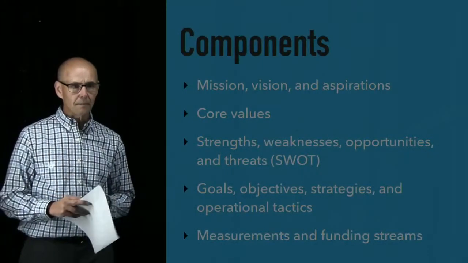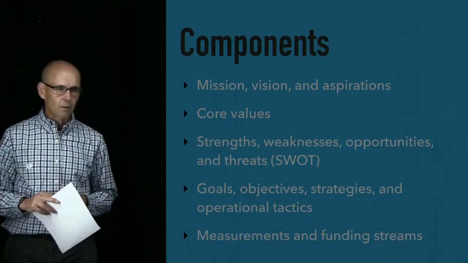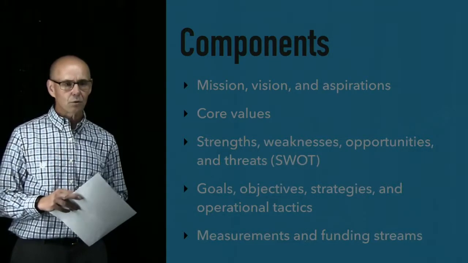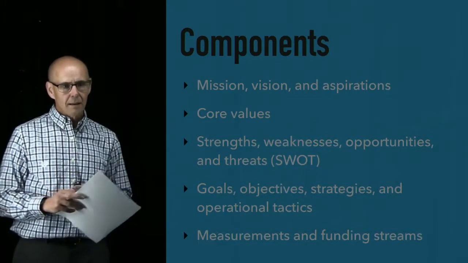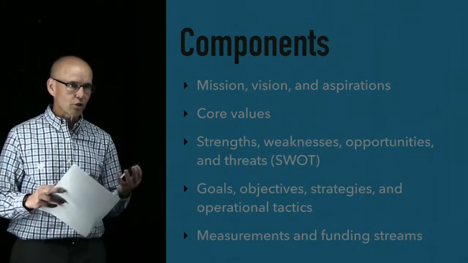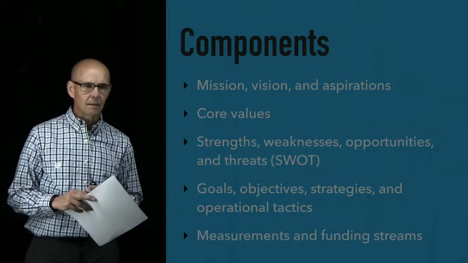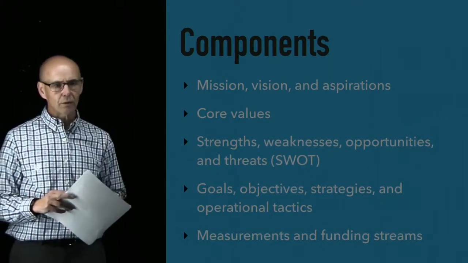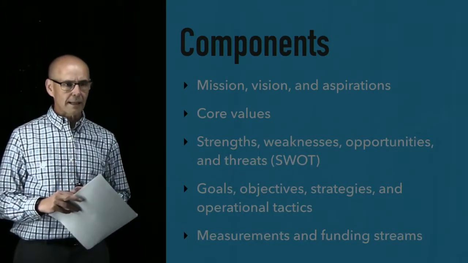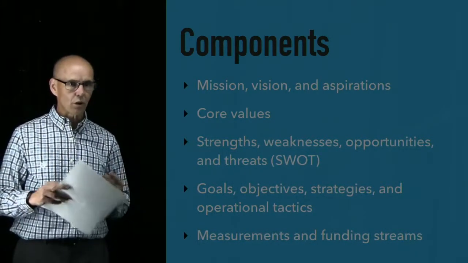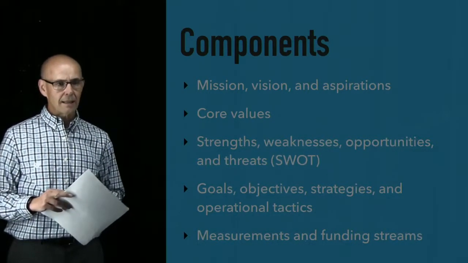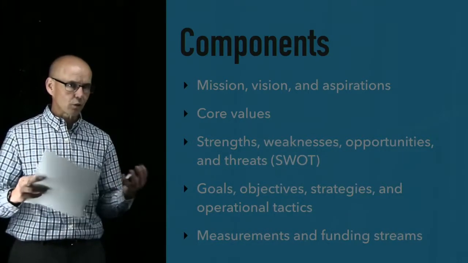So let's quickly, I'm not going to spend a lot of time on the components and the processes of a traditional strategic planning approach, but for the most part, this is what is included in that process. So mission, vision, and aspirations, a discussion of core values of the organization. Almost always there's an exercise that includes looking at strengths and weaknesses, which are basically the internal capacity of the organization, and then the external opportunities and threats, so a SWOT analysis.